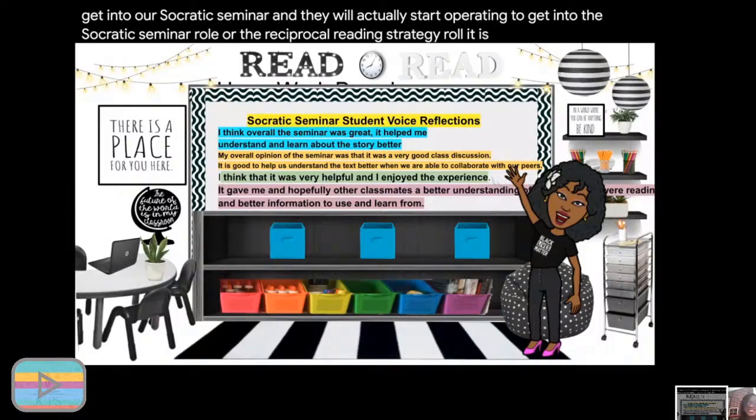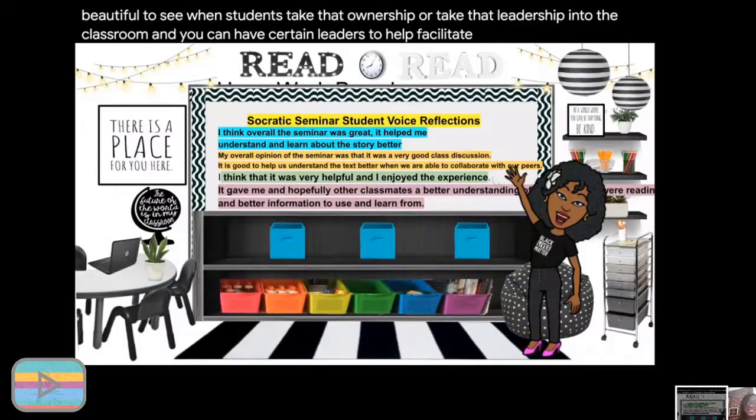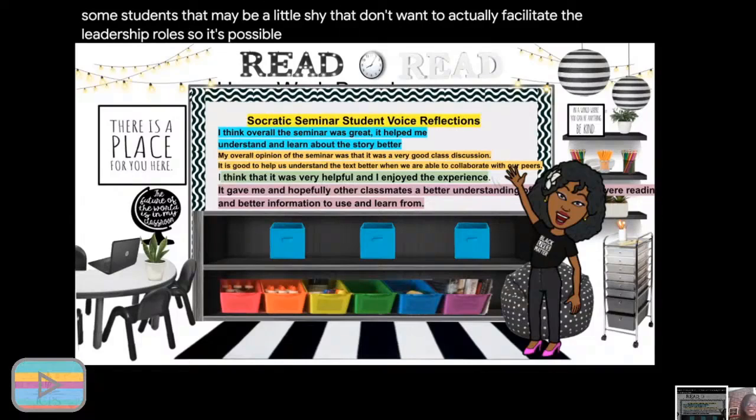It is absolutely beautiful to see when students take that ownership or take that leadership in the classroom. And you can have certain leaders help facilitate those roles if you have some students that may be a little shy, that don't want to actually facilitate the leadership role. So it's possible, and it happens, and it's great, and it's abundant.